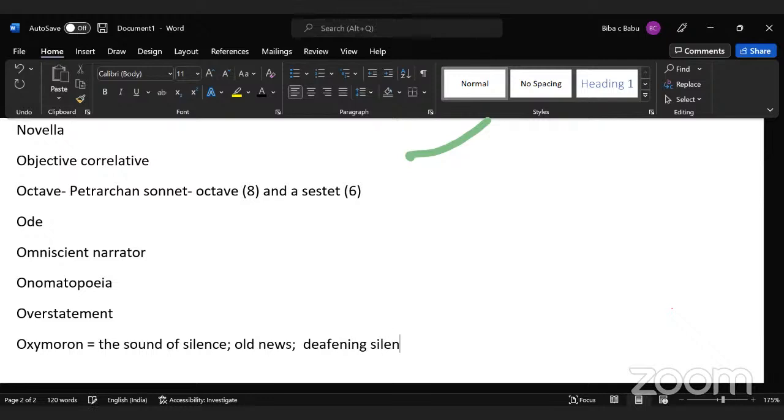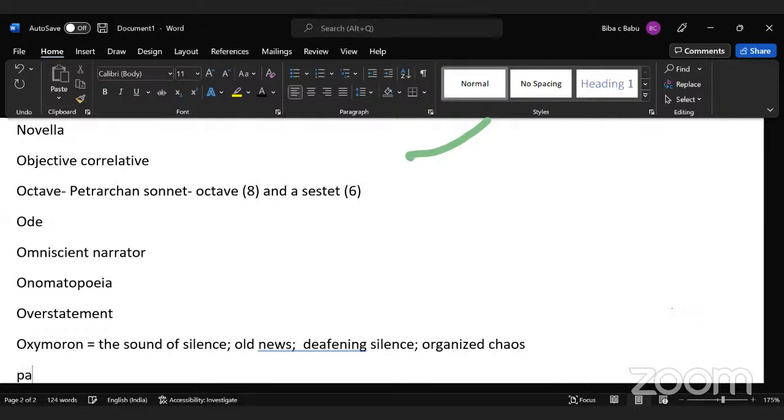Deafening silence. Can silence be deafening? Deafening means you can't hear. Organized chaos. Chaos means everything is so messed up, a kind of confusion. Can confusion be organized? No, right? Those are opposite meanings. So these are examples of oxymoron.